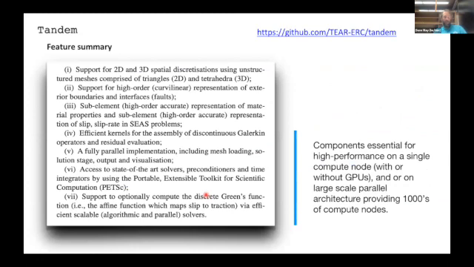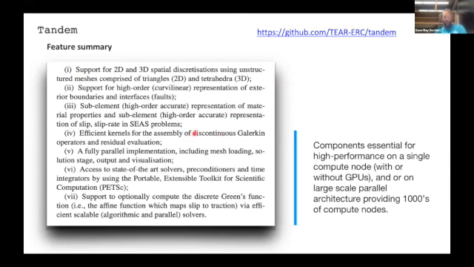We put all these things together and have implemented this in a piece of software we call Tandem. Tandem supports a number of things which we list here. So it's 2D and 3D spatial discretization using unstructured meshes of triangles and tets, with a high order curvilinear representation of the geometry. We enable that through the GMSH functionality and the mesh representation that GMSH gives you for high order elements. We allow for interior element representations of material properties.